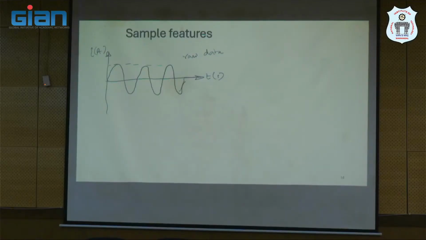One of the biggest advantages of thinking from a data perspective is, let us say I have another sensor output which gives me some waveform. Let us say this is voltage.